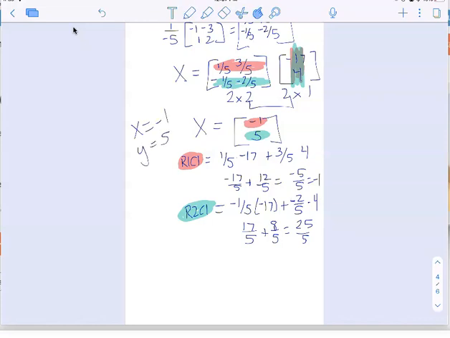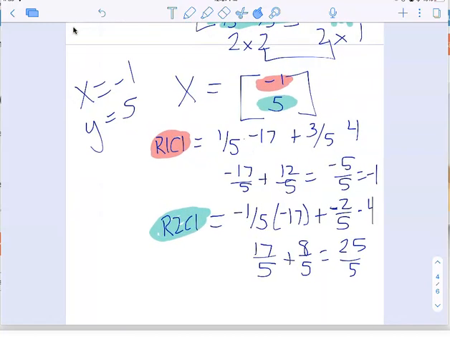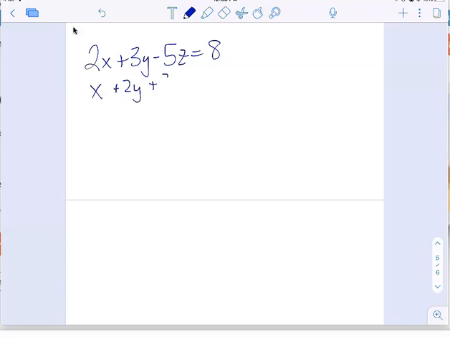What this is really nice for, 2 by 2s can be done by hand. But if you had a 3 variable one, like 2x plus 3y minus 5z equals 8, x plus 2y plus 3z equals 7, negative 5x minus 3y plus 10z equals negative 22.